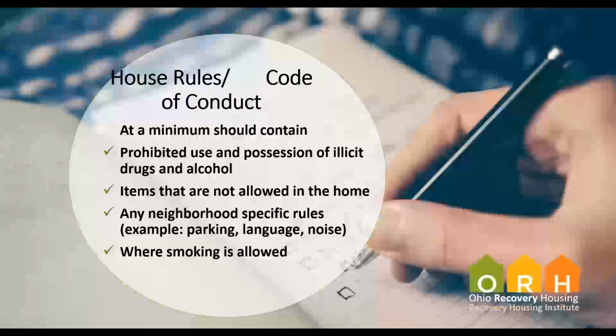And that includes using illicit substances or consuming alcohol when they are away from the home. So that needs to be clear. It's not just about what happens in the home, but also about their behavior in the community and them returning to the home.